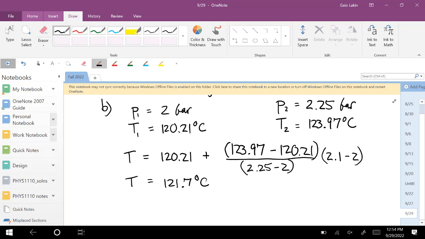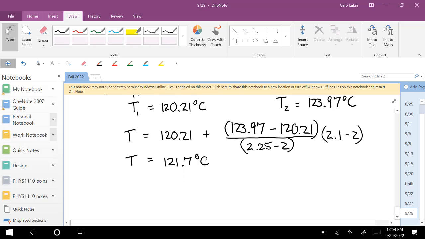Okay, the next thing we want to do, for part C, is calculate the change in enthalpy. We're going to assume that this is incompressible.